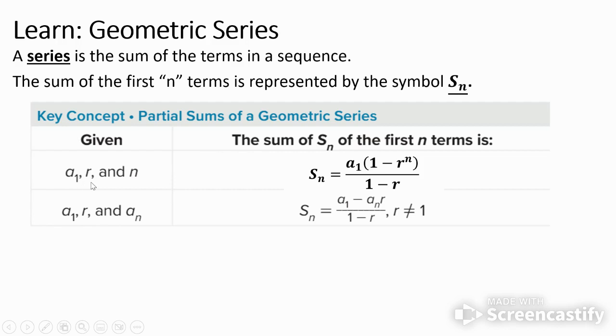If you know the first term, the common ratio, and the number of terms, the top equation is going to be the easiest to use. If you know the first term, the common ratio, and the last term, or another term in the sequence really, then the bottom equation will be easier to use. That being said, most of what we're going to use today is the top equation.